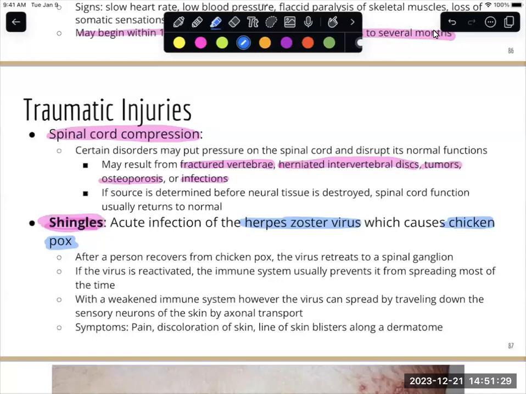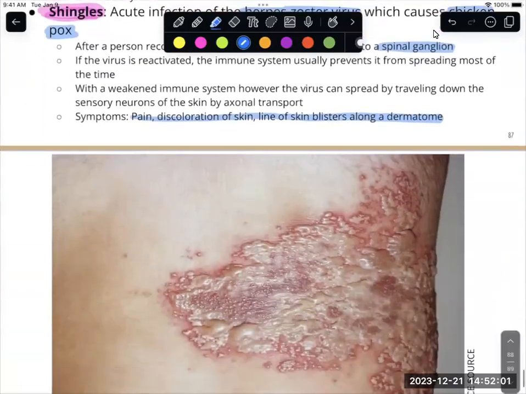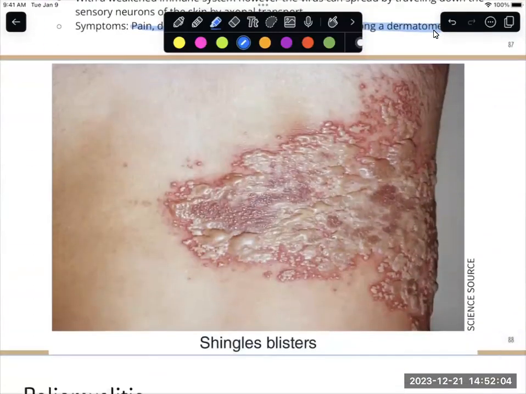So it will go hide in one of those dorsal root ganglia. Some kind of stressful event can trigger reactivation of this virus. And for whatever spinal ganglion it was hiding in, it is going to travel along that dermatome and cause pain, discolored skin, and blisters along that specific dermatome that virus was hiding in.